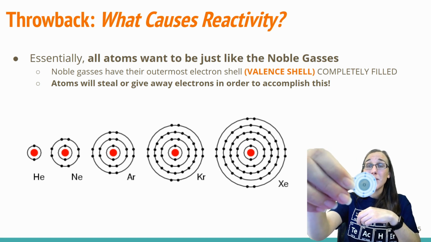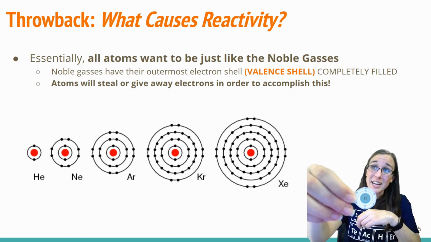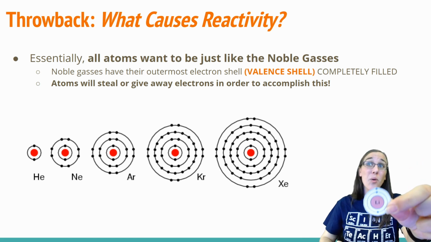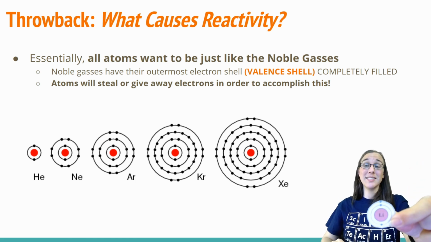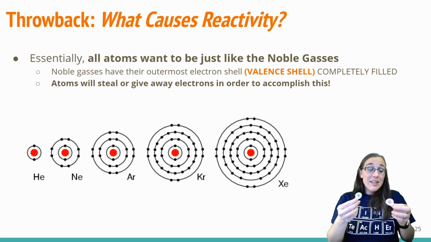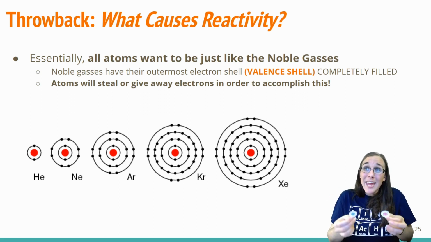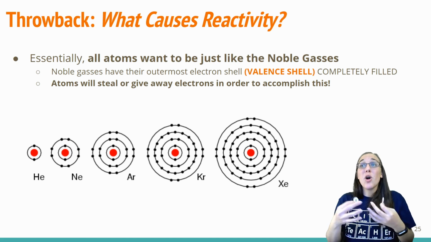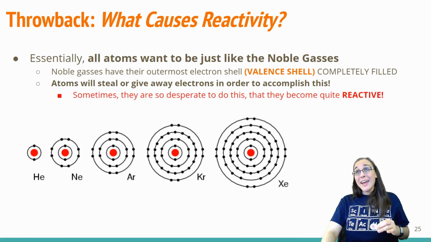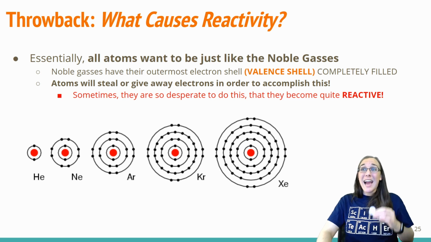So oxygen would have to steal electrons to do this. Lithium would have to give away electrons to do this. So depending on which atom you are, depends on the strategy you take in order to gain noble gashood, if you will. So in order to do that, they are very reactive.